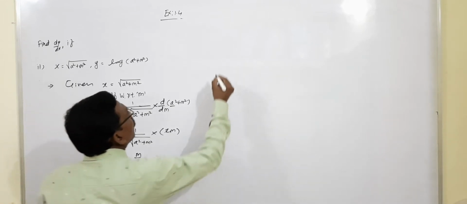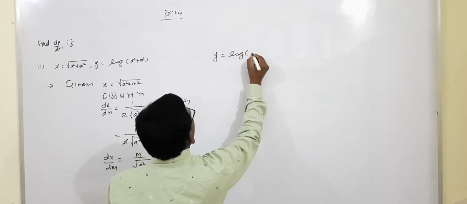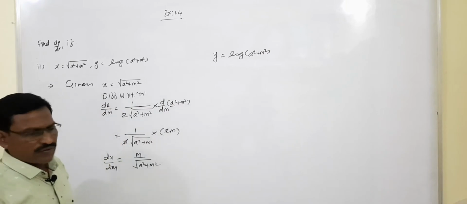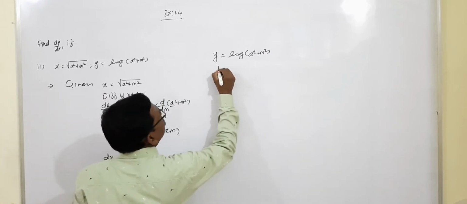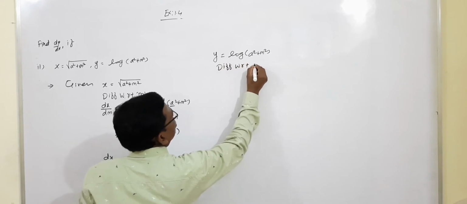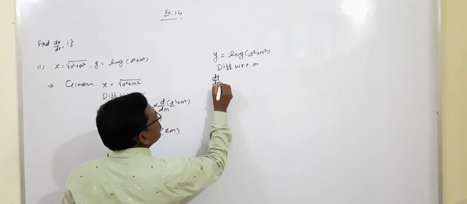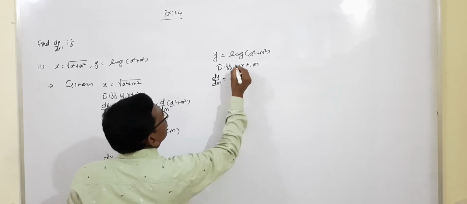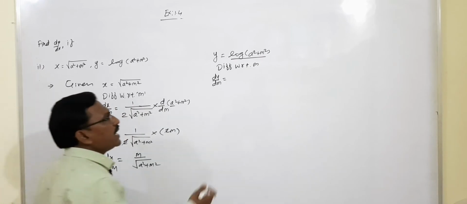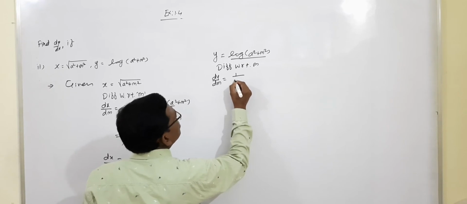Now we take the y function, y is equal to log of a square plus m square. Differentiate with respect to m. The derivative of y with respect to m is dy by dm, and the derivative of log of a square plus m square is 1 by a square plus m square, like the derivative of log x is 1 by x.